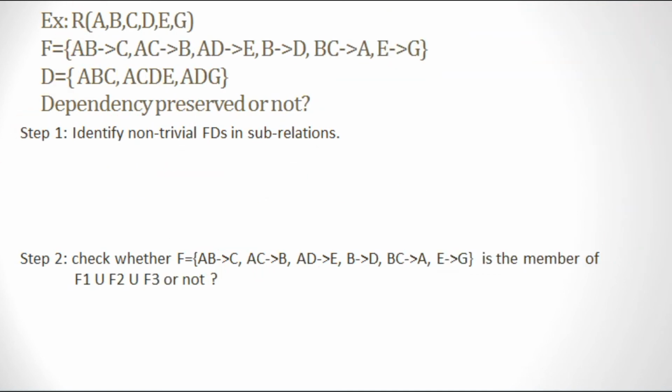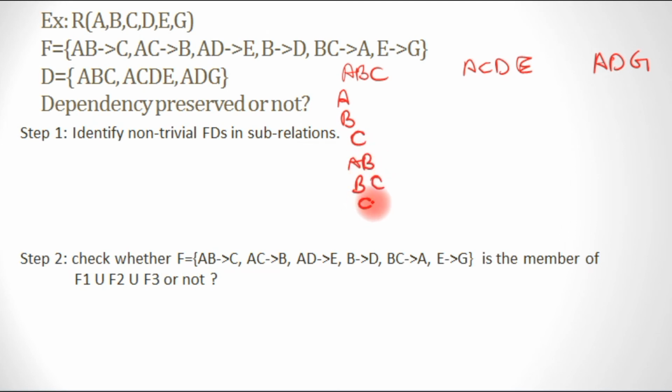Now solve this next example. In this example, we have three relations: ABC, ACDE, and ADG. In this we have single attributed functional dependencies A, B, C, and now we have double attributed functional dependencies.